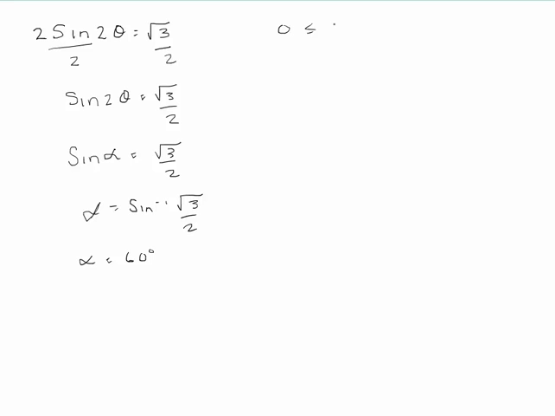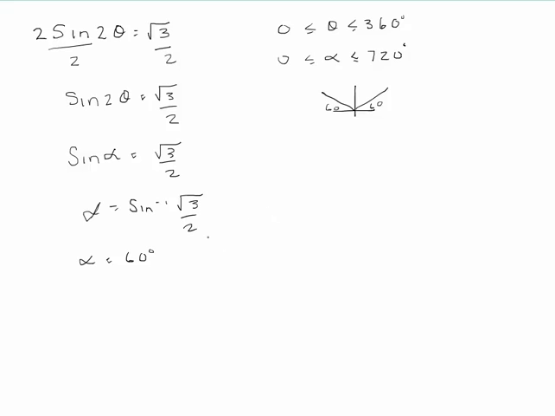I'm just going to put here that we do have a range of 0 to 360 degrees. Or, if I want, I can think of it as alpha, so I can do them all right away rather than at the end. So if I have 60 degrees, and that's a positive ratio, so when sine is 60, CAST, sine's also positive here, 60.